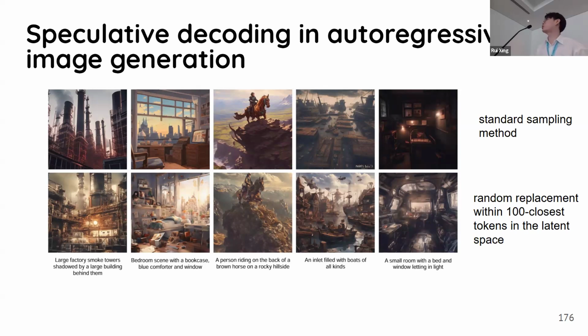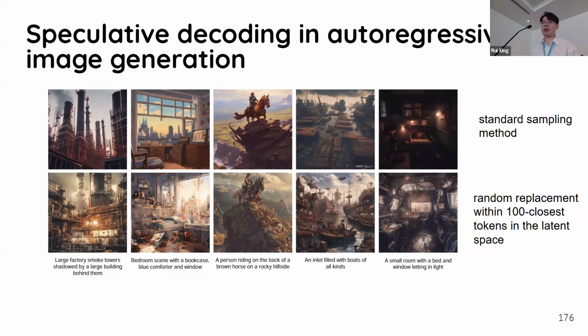The first row is the standard sampling method. For example, we could let the autoregressive generation model predict the image with greedy decoding. And the second row randomly replaces the visual tokens with some close tokens in the latent space.